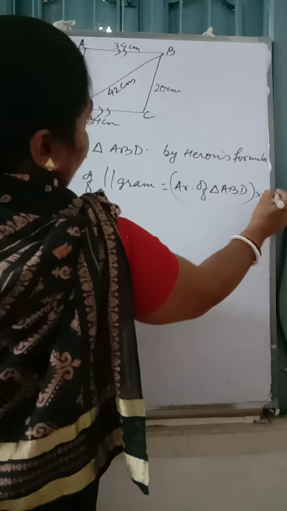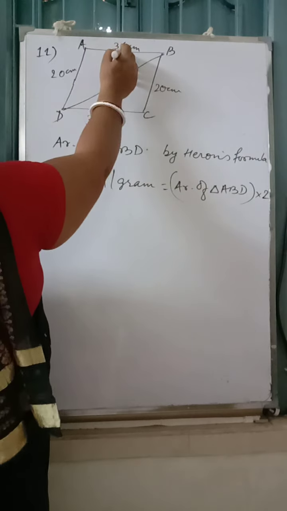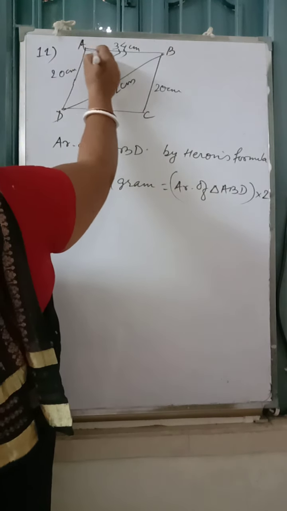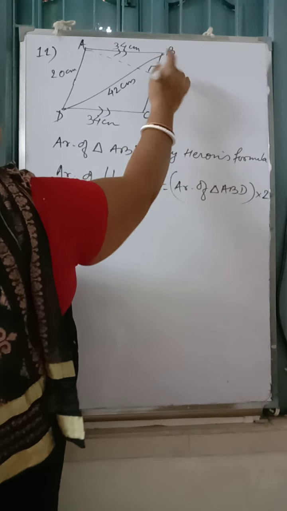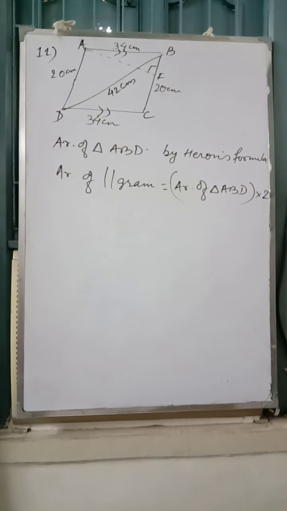Once the area of the parallelogram is found, they have asked you the distance between its shorter sides. Out of 34 and 20, the shorter side is 20. So what will be the distance? Base you have 20, area you will get from here, so height you can get.